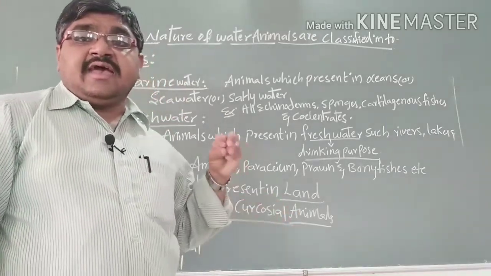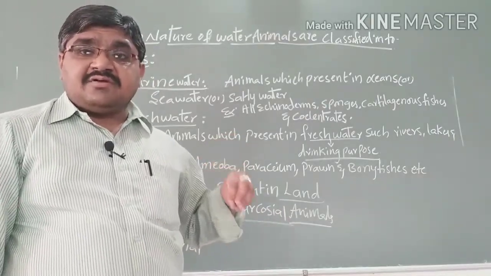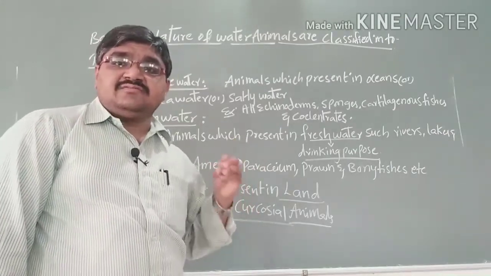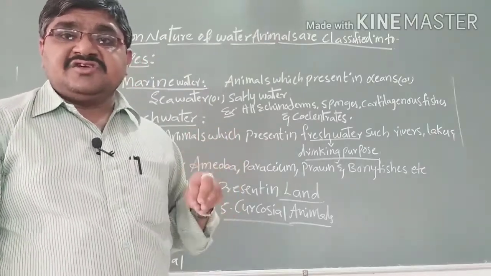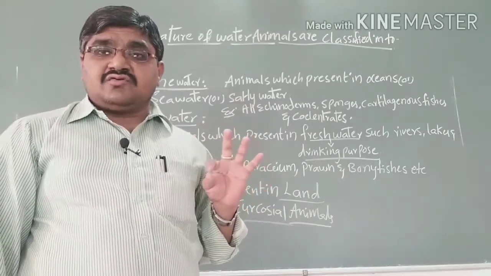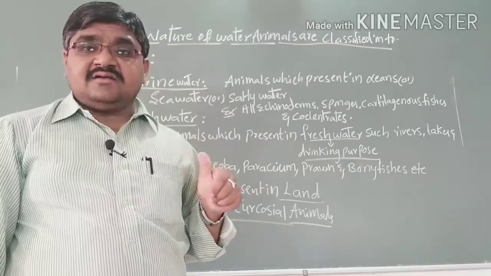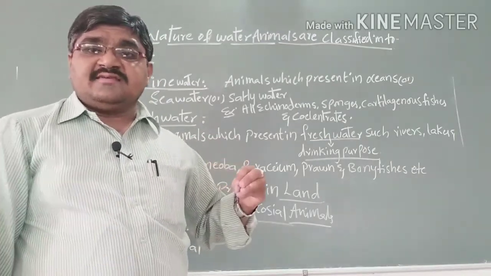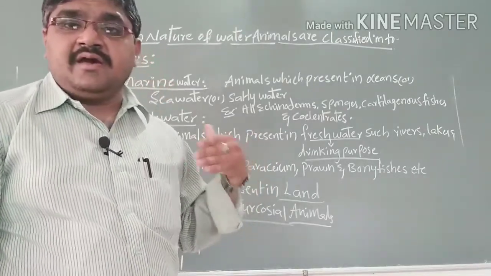So these are the 5 types of animals present in land conditions. That means organisms present on the land are called terrestrial animals. These are classified into 5 types: fossorial, arboreal, scansorial, aerial, as well as cursorial animals. Now we will discuss these 5 types one by one.